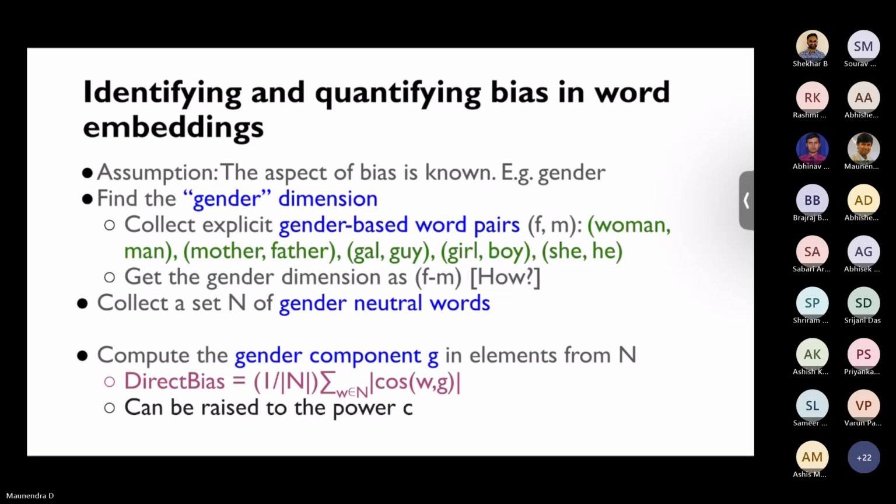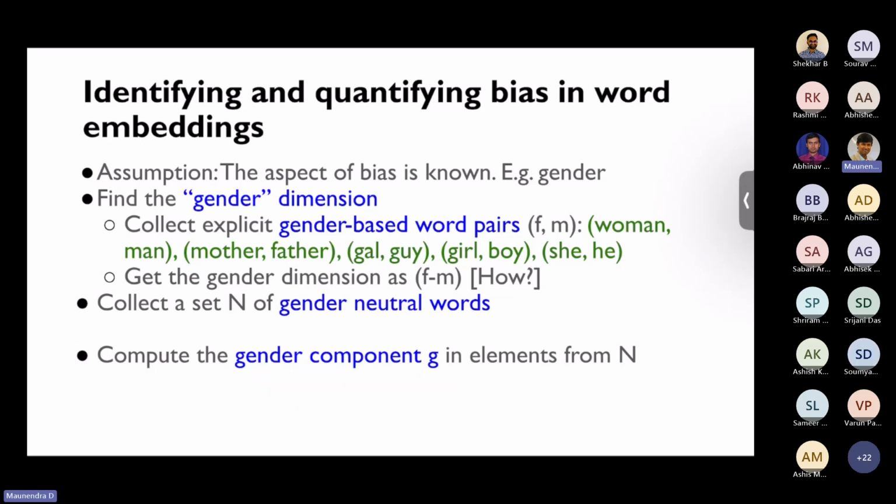So now, similarly, we got the gender dimension from the principal component, but now we are considering the gender neutral words. For these gender neutral words, if you take the projection onto the gender dimension, that will be very small or negligible, right? That is our expectation.